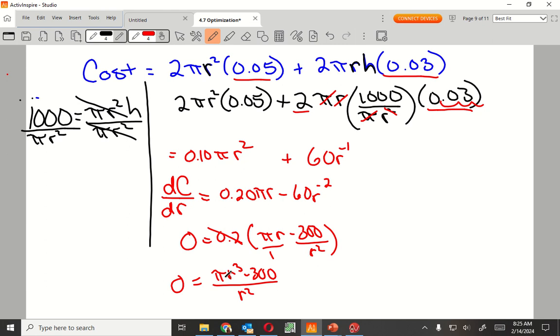Okay, so pi r cubed. So what is that going to give me for values? I can get r cubed by itself now. Then I'm going to add 300 divided by pi, then cube root. Yes, no?